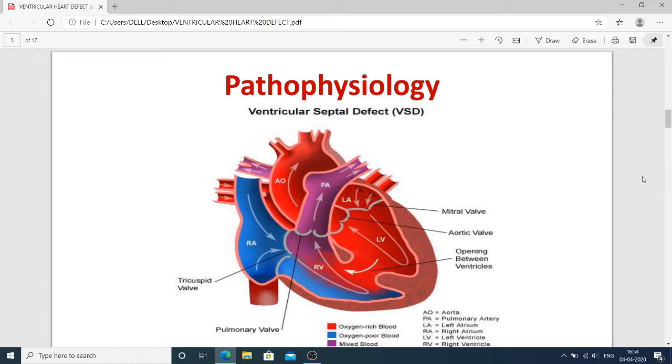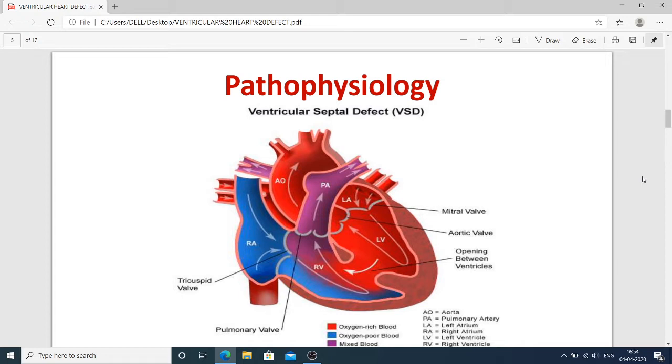In the lungs it is purified, and with the help of the pulmonary vein it enters the left atrium, and through the mitral valve it proceeds to the left ventricle. With the help of the aorta, oxygenated blood gives oxygen to all the organs present in the body.